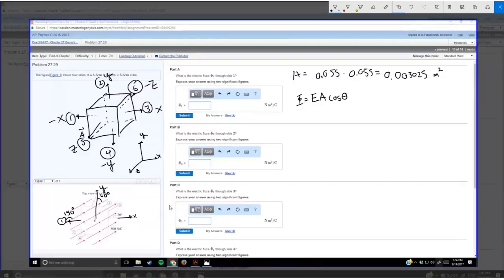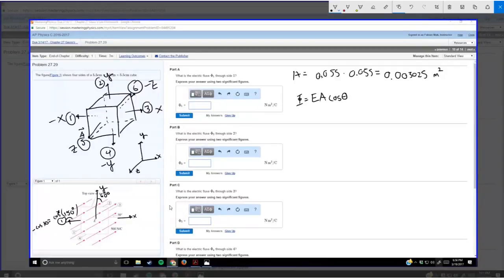That's 150 degrees, which is equivalent to, so cosine of this is the same as the negative cosine of 30, right? Because they're opposite each other. So you can do that and kind of just go through the trig for each face.